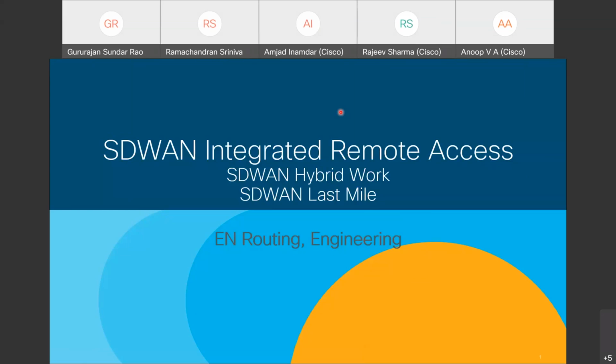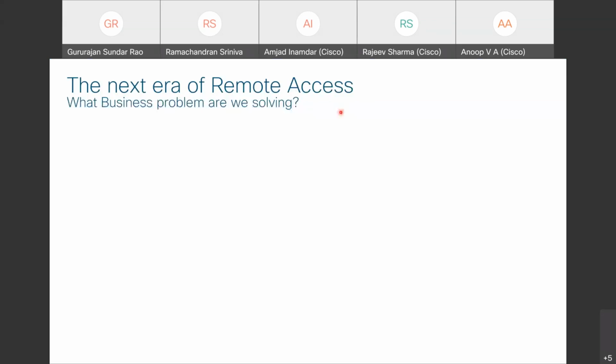And it enables two important use cases. One is it enables SD-WAN for hybrid work, and it also enables SD-WAN last mile, which allows for large-scale SD-WAN deployment, especially with thin branches like ATMs or gas stations.